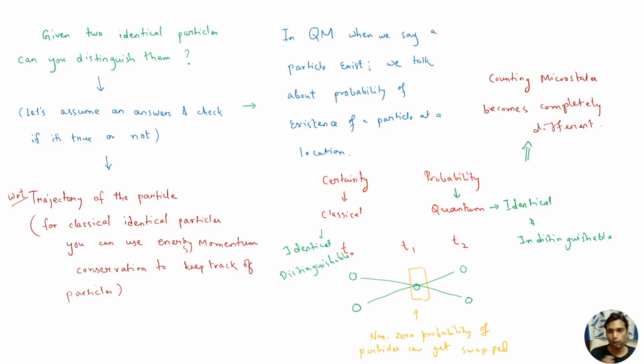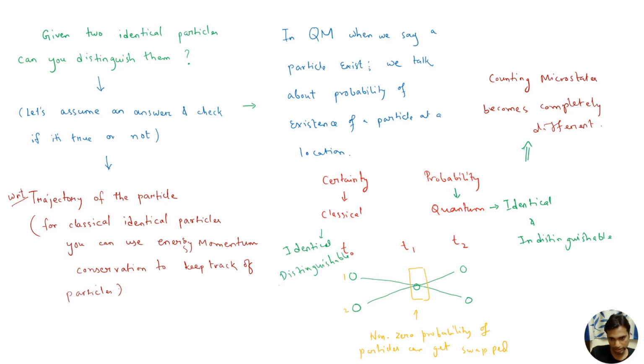So can we distinguish the two particles? In classical mechanics there is certainty. If we have two balls, ball 1 and ball 2 at time t0, we can use conservation of energy and momentum.